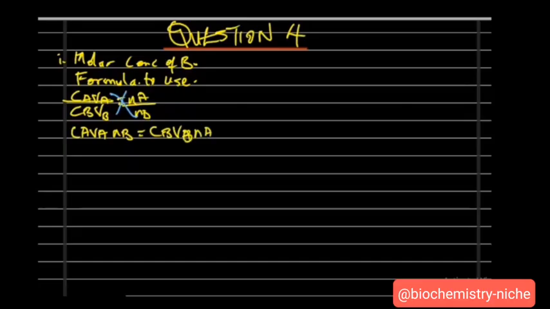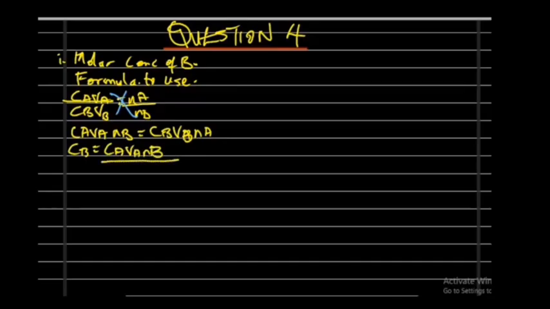Since we are looking for the concentration of B, CB equals CAVANB divided by the coefficient of CB, which is VBNA. And so here we have it to be this.